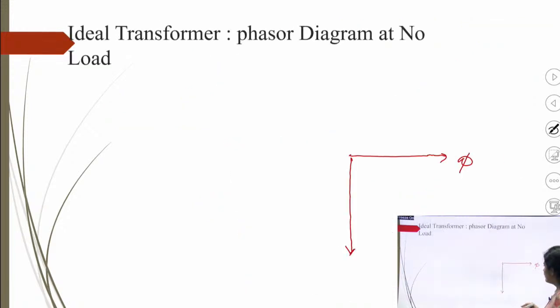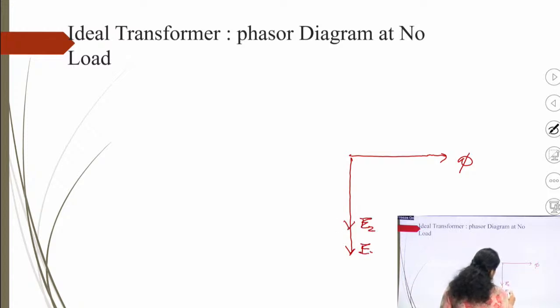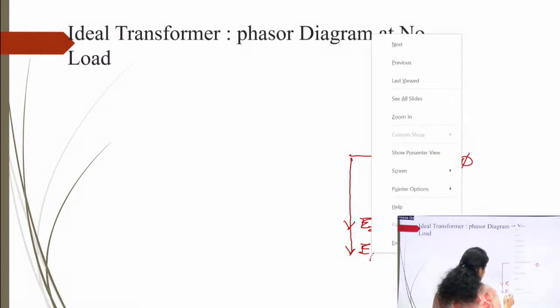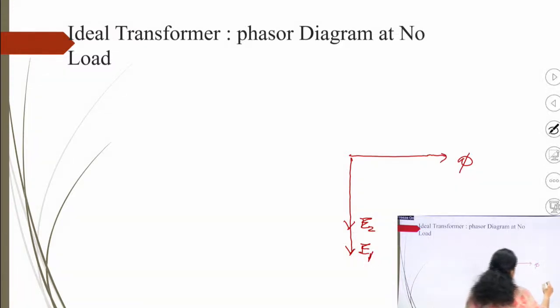So it can be drawn here, suppose this is E2, this is E1. The length of the phasor depends on the turns: if N1 is greater than N2, then E1 is greater than E2, right.